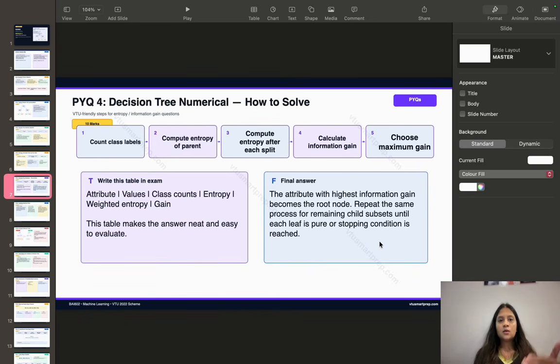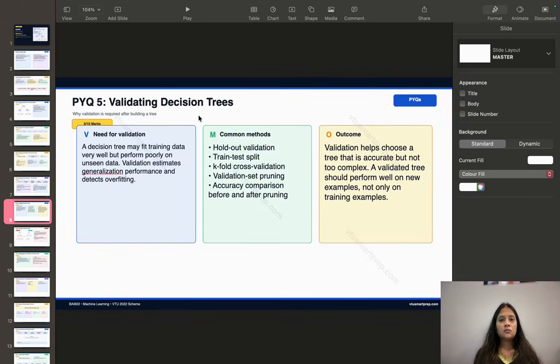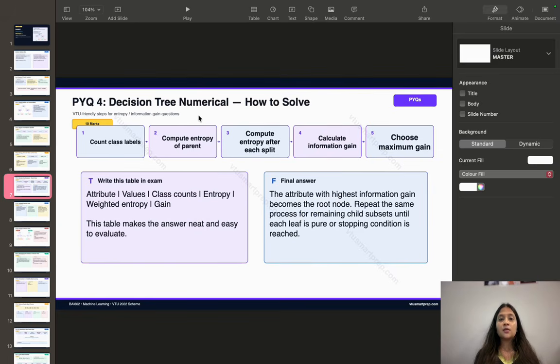Here I have not taken any example, but these are the steps to solve the decision tree numerical. With an example, if possible, I'll try after this to make a video on how to solve the problem for decision tree.